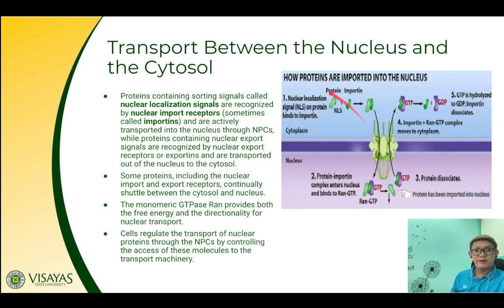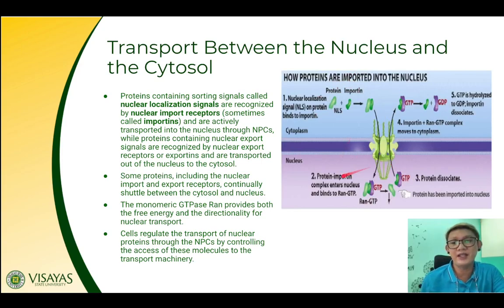So you have here a protein with an import signal that is recognized by the receptors, and so it is able to be transported inside the nucleus. Some proteins, including the nuclear import and export receptors, continually shuttle between the cytosol and the nucleus. So, for example, a particular protein that is taken inside can also be taken outside.